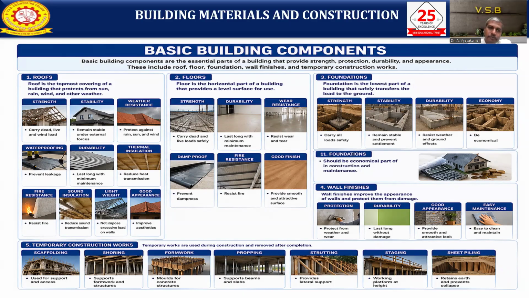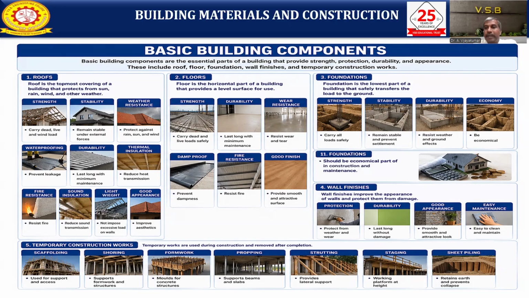So, the roof: what is a roof? A roof is the topmost covering of a building that protects it from the sun, rain, wind, and other weather, that is, the physical agents. As for the requirements of a roof, it should be very strong.